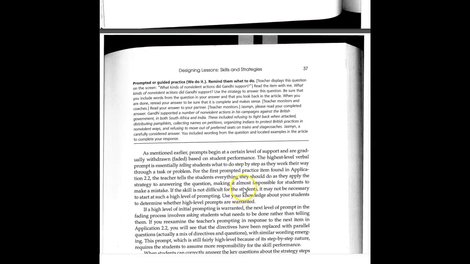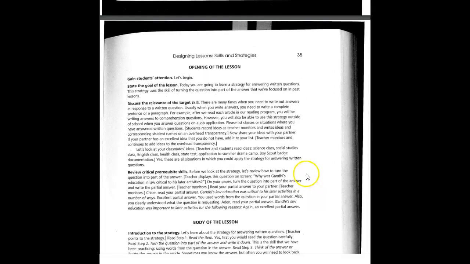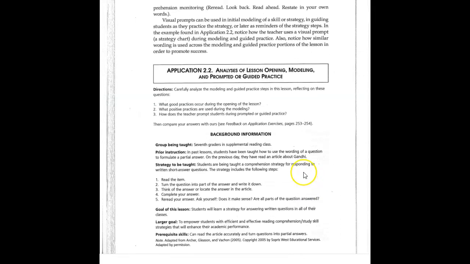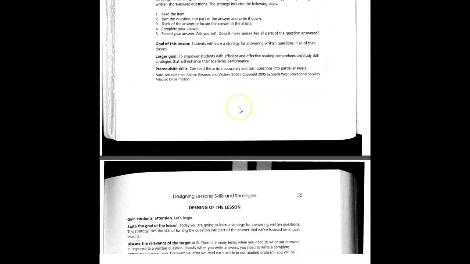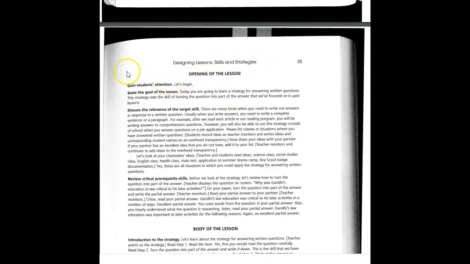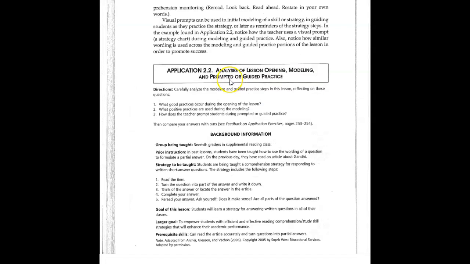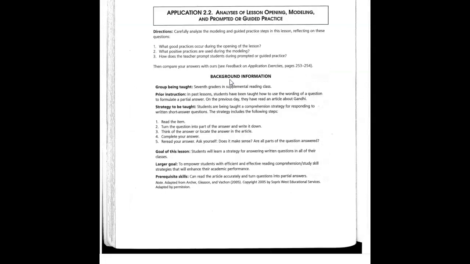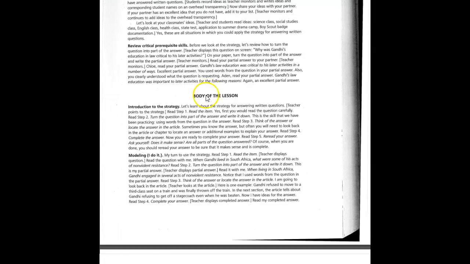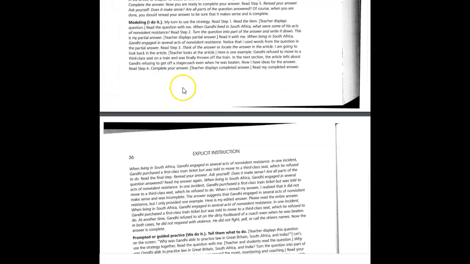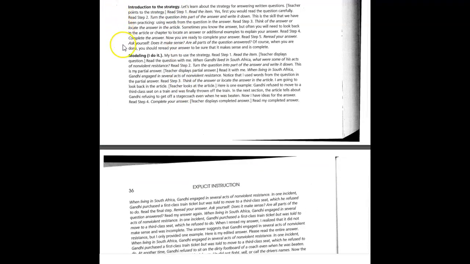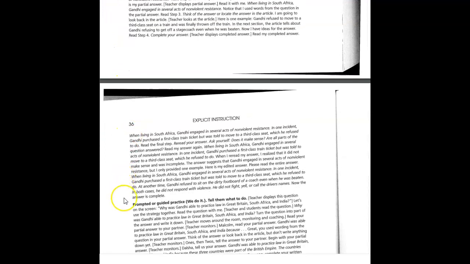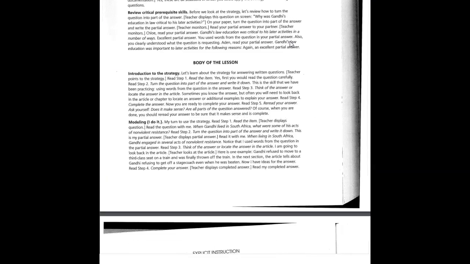So again, it's pages 34 through 37. You want to look for good practices during the opening, which would be this section right here, right? Pretend I'm drawing a little box around it. That's our opening. Okay, what positive practices are used during the modeling? That would be where it says body of the lesson. That would be the introduction and the modeling, to here. Here's my imaginary little box. That's all modeling.